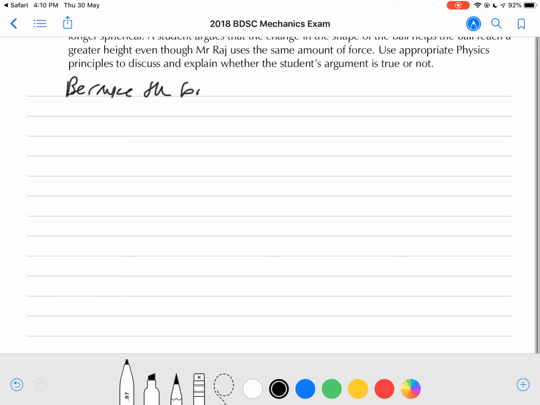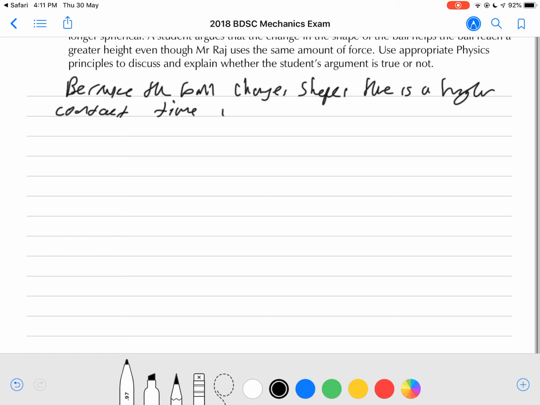Because the ball changes shape, there is a higher contact time with the ball, therefore the same force is acted for a longer period of time.